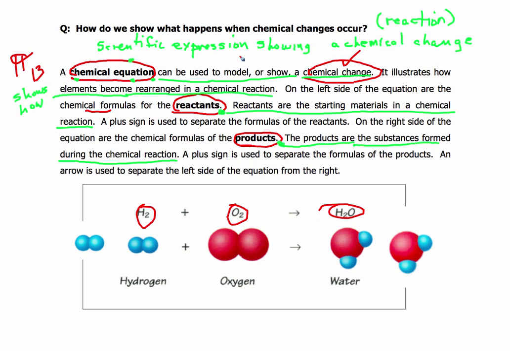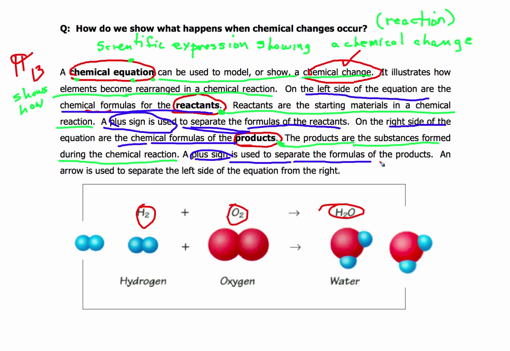So get your blue marking pencil and let's just get a couple of the main ideas. And I know there's a lot of marking in here, but let's just get it down. So on the left side, starting right here, the left side of the equation, chemical formulas are reactants. A plus sign is used for what? To separate the formulas. And on the right side are the chemical formulas for the products, and a plus sign is used to separate the formulas of the products.